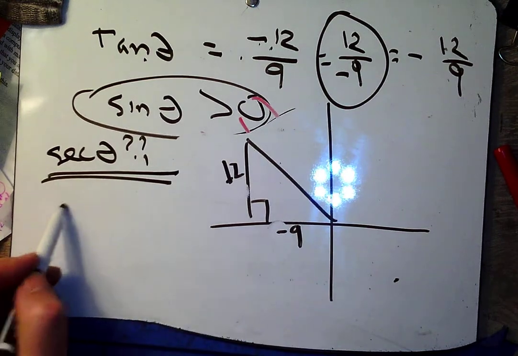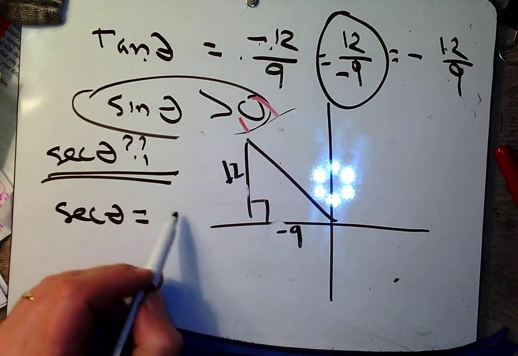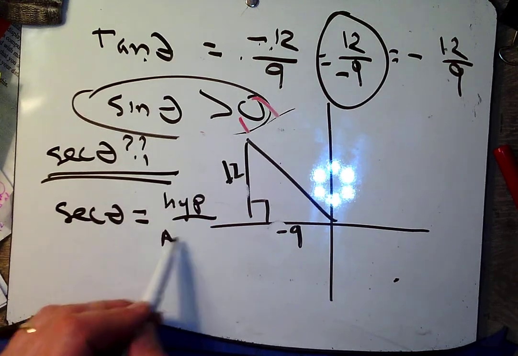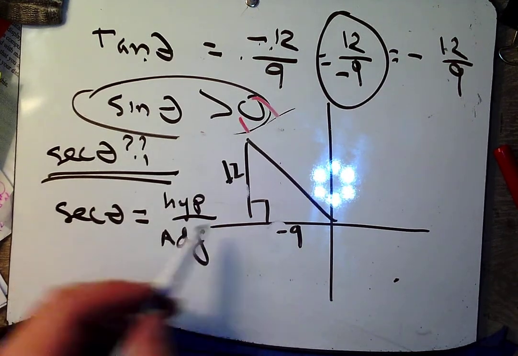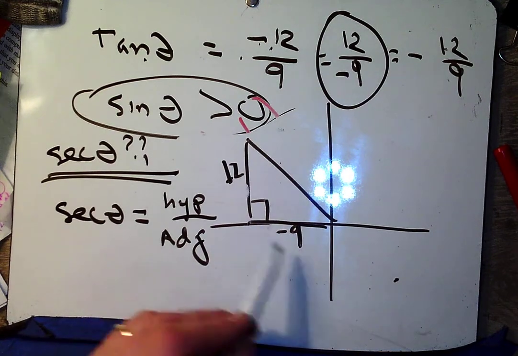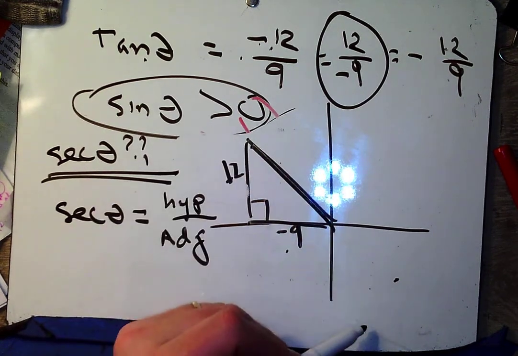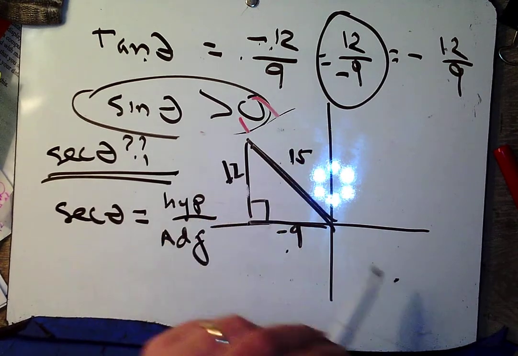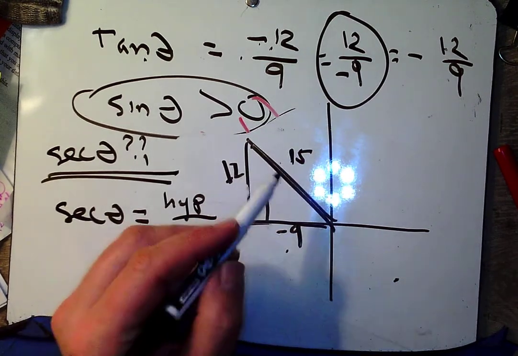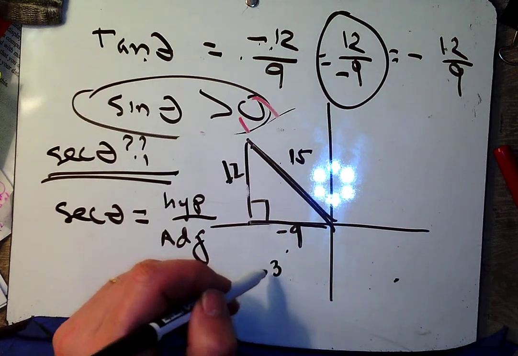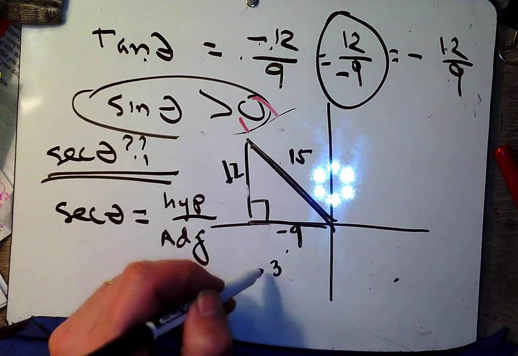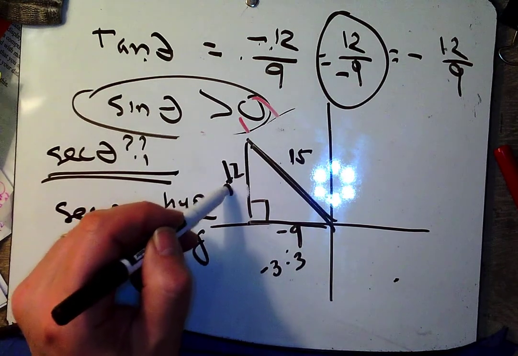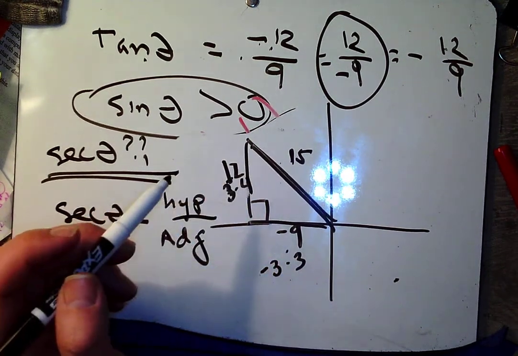Well, I know that secant theta is hypotenuse over adjacent. Well, I've got the adjacent side, but I don't have the hypotenuse. How am I going to find that? I mean, I can tell you it's 15 because I know my Pythagorean triples. This is negative 3 times 3. This is 3 times 4.